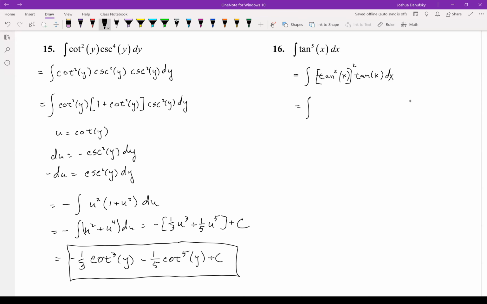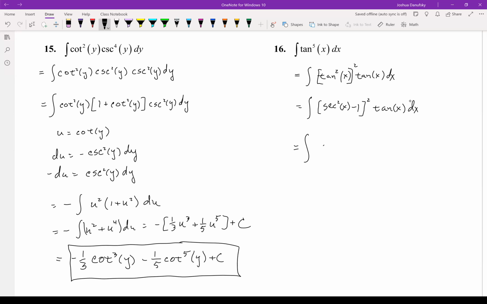And then we can rewrite our tan squared as secant squared minus 1 quantity squared like that. That's using our Pythagorean identity involving secants and tangents. Then we can square out this quantity to get something that looks like this. Distribute the tangent, and you get 3 separate integrals.